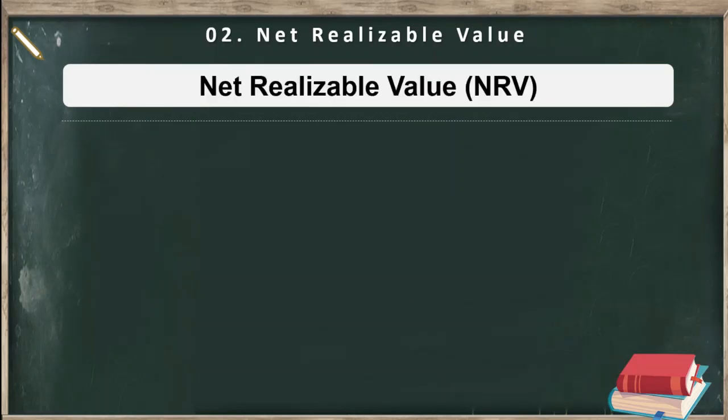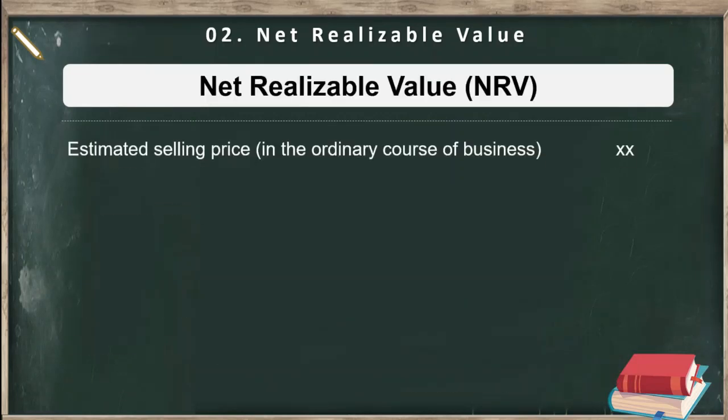So what is a net realizable value? To compute the net realizable value, we're going to get first the estimated selling price in the ordinary course of business and then deduct the cost of completion. So if the inventory needs to be completed in order to be saleable, then we will deduct the cost to complete or cost of completion.